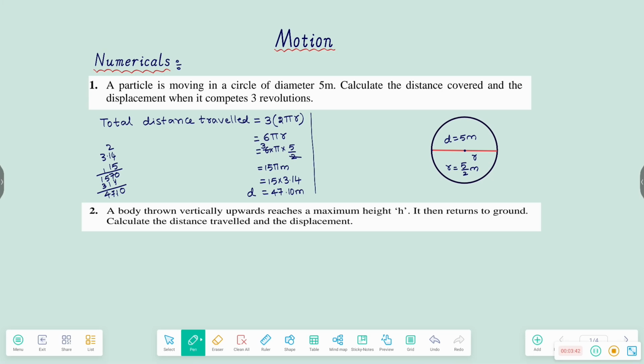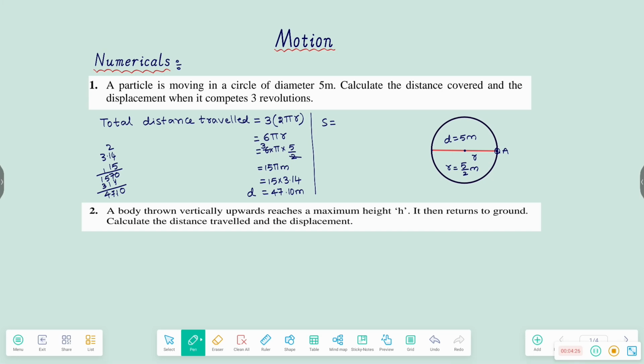Then what is displacement? Displacement is the shortest distance between the initial point and the final point. Let us consider a person started at A and is completing 3 revolutions. When he completes 1 revolution, he will reach A again, so the initial point and final point coincide.